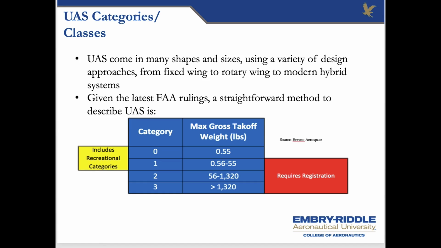These include recreational categories, but they do require registration under the new process. Once we go up to category 2, from 56 pounds and above up through 1,320, any of you who are sport pilots might recognize that 1,320 pound max gross weight takeoff that essentially limits a light sport aircraft as well. And then, of course, there's anything above 1,320 pounds.